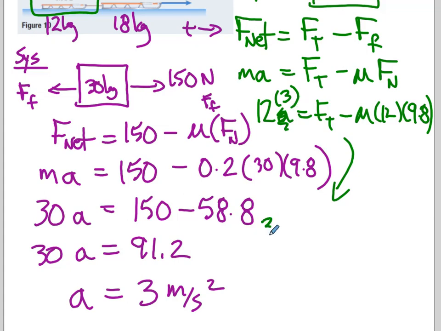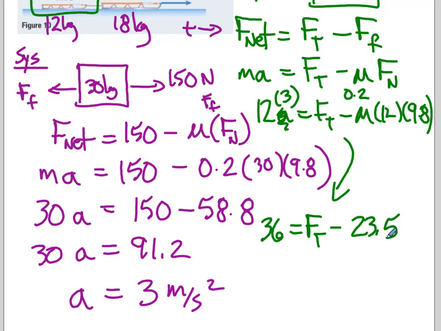So now I have 36 equals Ft minus, and this was 0.2. So 0.2 times 12 times 9.8, 23.5.